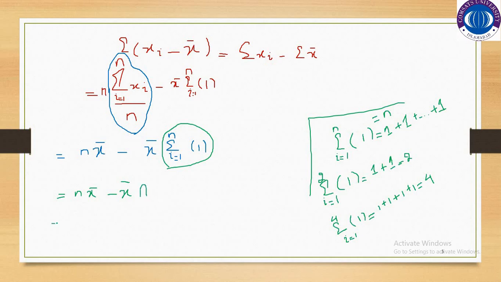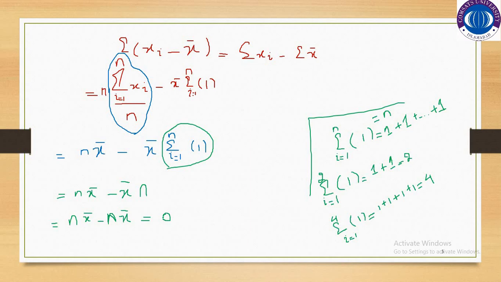So this will be n times x bar minus n times x bar, and definitely this would be equal to 0.